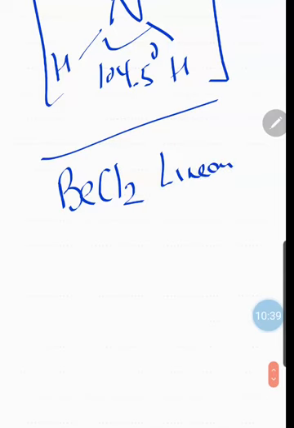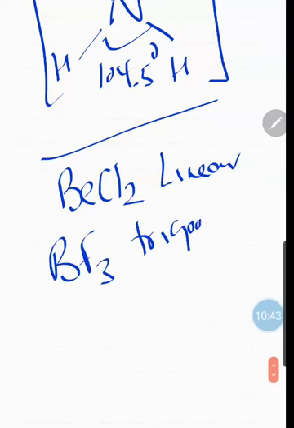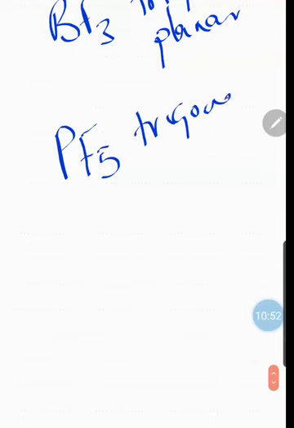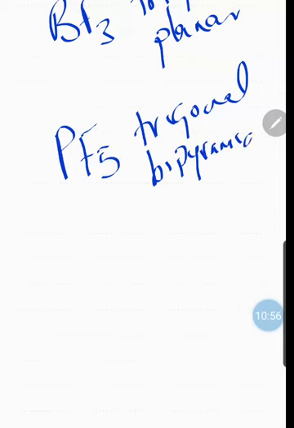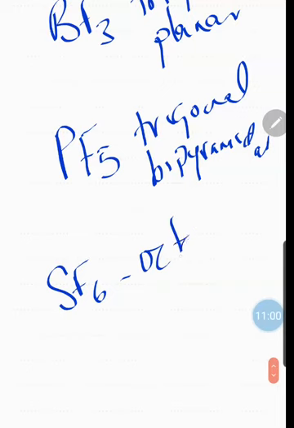The other shapes you need to know about, I'm just going to give you a list. BeCl2, this is linear. BF3, this is trigonal planar. CH4 we've done. PF5, this is trigonal bipyramidal. SF6, octahedral.